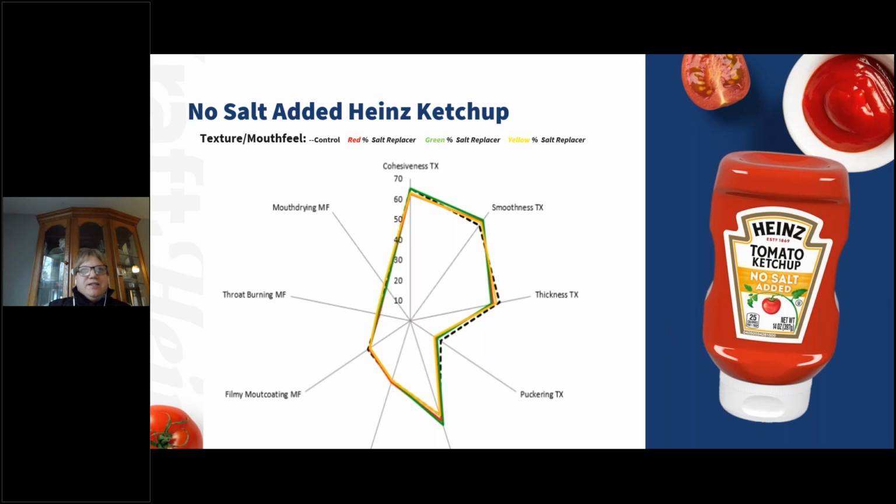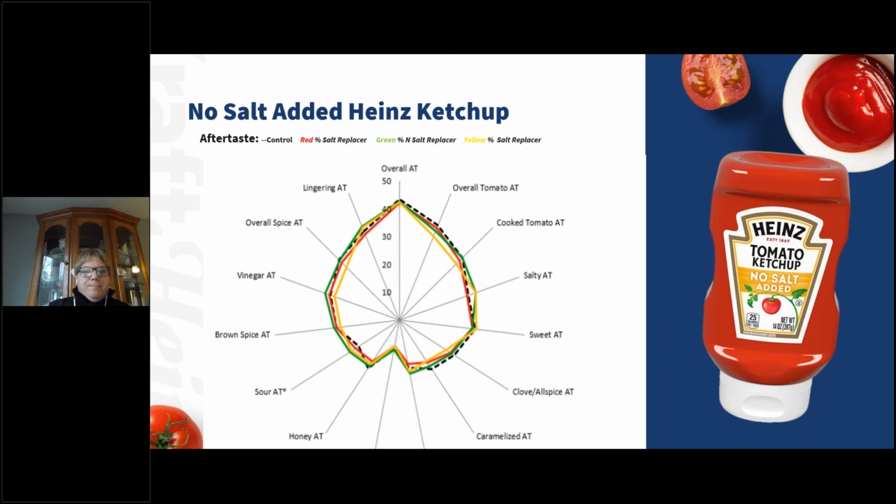Next, we analyze the texture and mouthfeel: the cohesiveness as a whole, smoothness, the thickness, the puckering effect, the dissolve rate in your mouth, the pepper burn, the filmy mouth coating, throat burning or mouth drying. Next slide, please. And then lastly, we analyze the aftertaste.